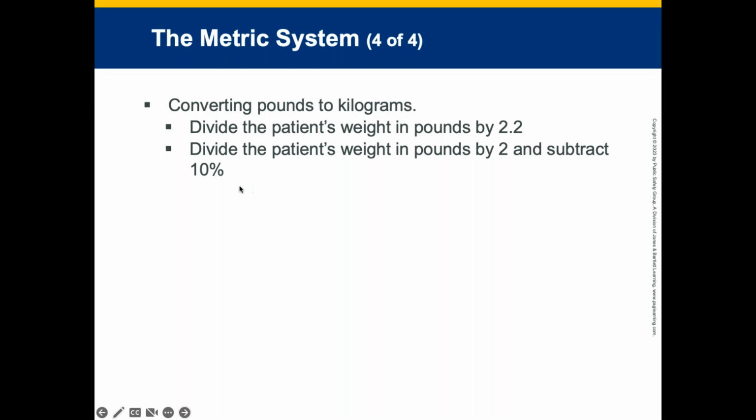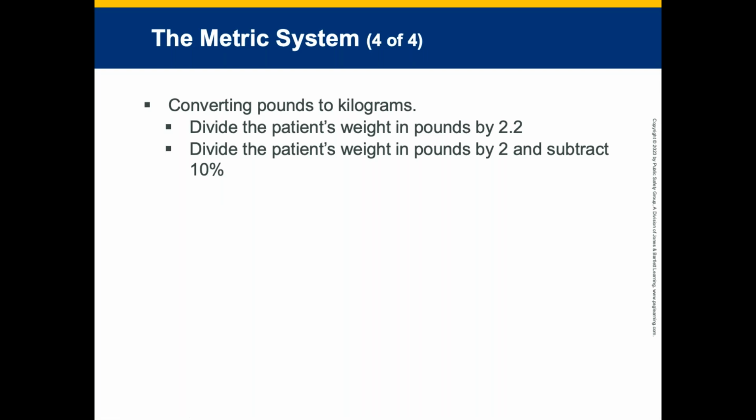So converting pounds to kilograms, divide the patient's weight by 2.2 or divide the patient's weight in pounds by 2 and subtract 10%. So like I mentioned before, if the patient weighs 100 pounds, divide that by 2 is 50, and 10% is the first number, 5, so it'd be 45 kilos.